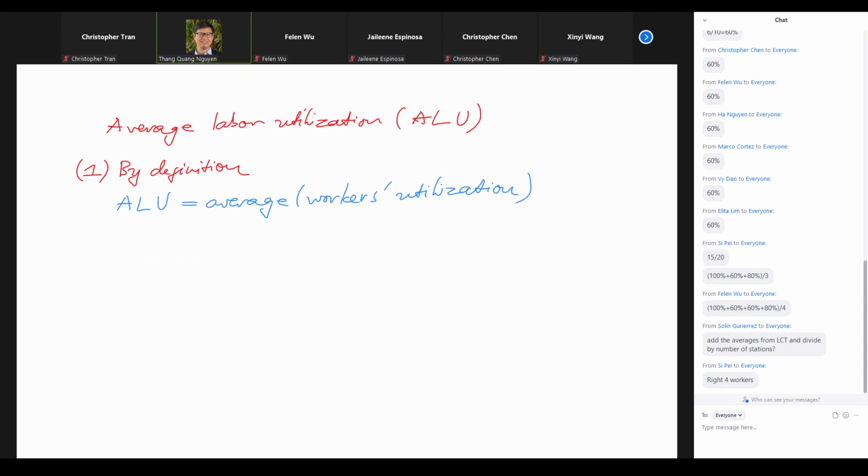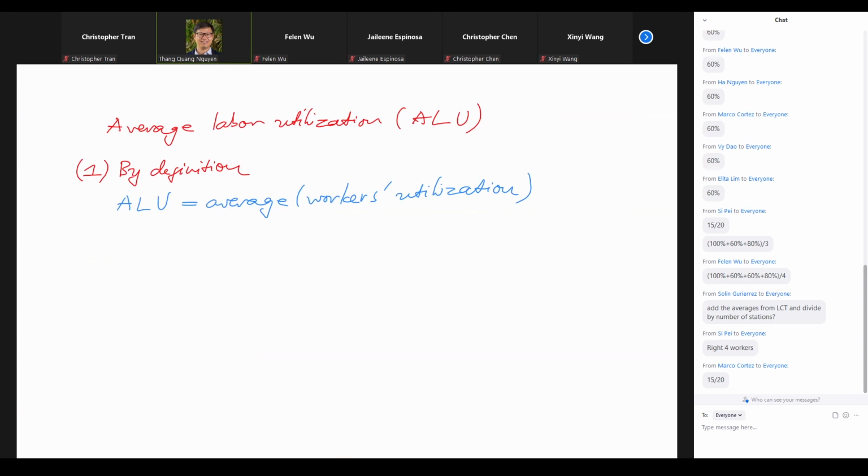Lynn got another idea: take the average from the labor content and divide by the number of stations. C said that, yes, so now there are 4 workers in our process, right? Marco got another idea like C earlier: take 15 divided by 20.